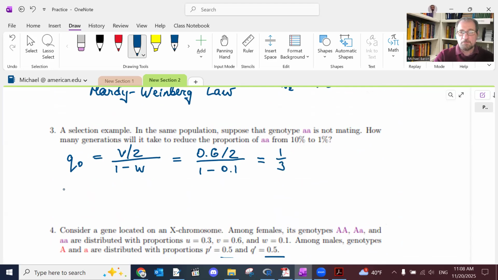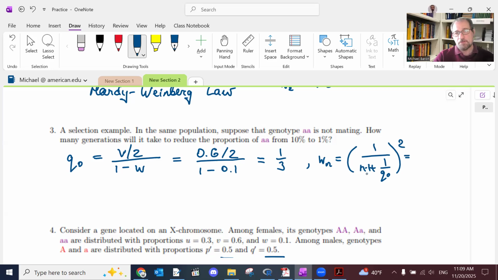Then Wn is what we just derived, 1 over n plus 1 over q0, squared. But that's in the previous generation, n minus 1. Wn is qn minus 1 squared.